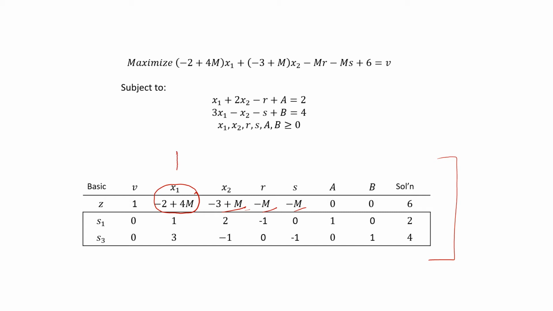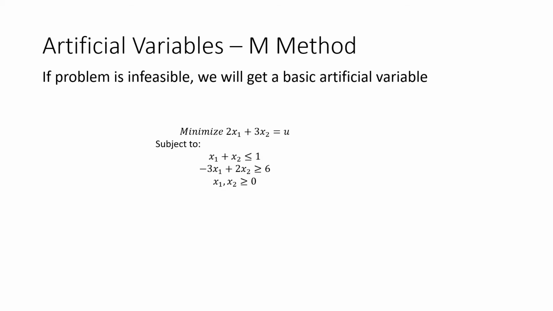So that is your pivot column. Then you find your pivot row the same way. You take your ratios, take the smallest one. That gives us our pivot element. Pivot a few times and you're going to get your answer.